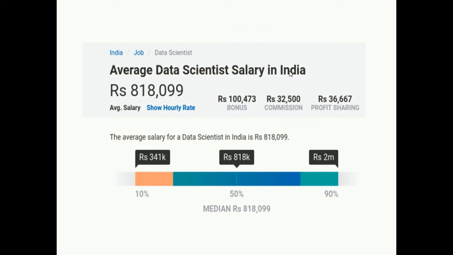What is the average salary of a data scientist in India? The average salary of a data scientist in India is above 8 lakhs per annum, up to 2 million, and the minimum salary is above 3 lakhs.